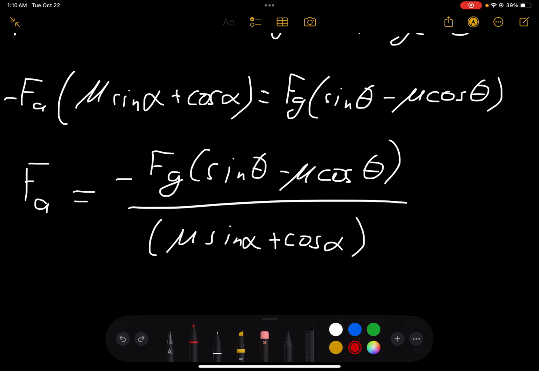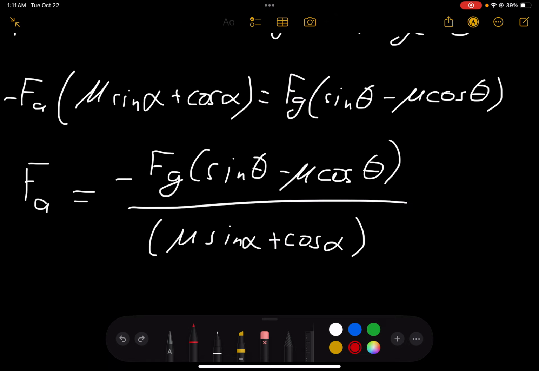Then I'm looking for Fa, so obviously I'll move everything that's not Fa to the right side. So here I divide by this part, right over here, and then I also want to get rid of this negative, so I just multiply it by -1 and I put it here. So that's why there's a negative over here.